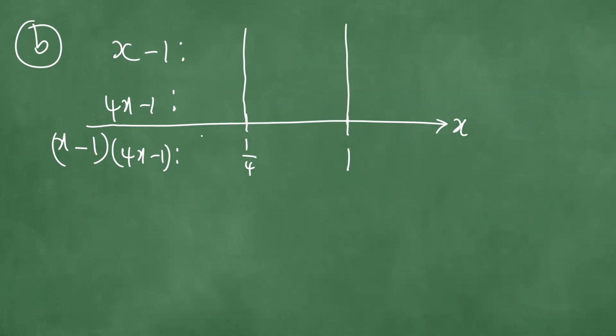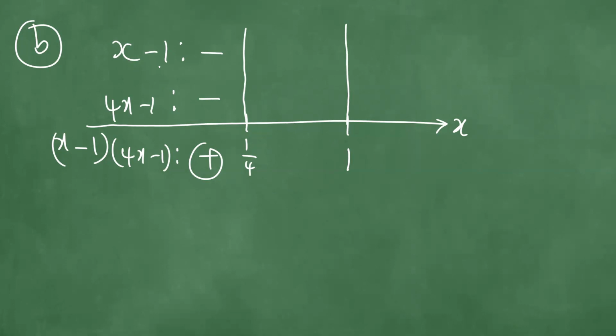So, to the left of 1/4 will be any number that you can choose. Suppose 0. 0 minus 1 is negative. 4 by 0 is 0 minus 1 is negative, and the product is exactly a positive. Between 1/4 and the number 1, you can pick any arbitrary number, like 0.25, or any number close to 1, for example 0.9.